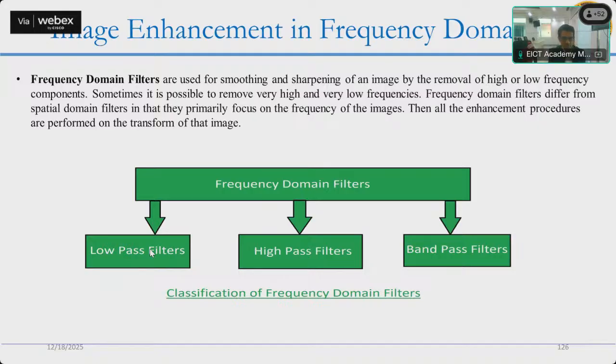But before that, what is frequency? What does a low pass filter give? What does a high pass filter give? So this is a thought for you, to think about as we proceed further.